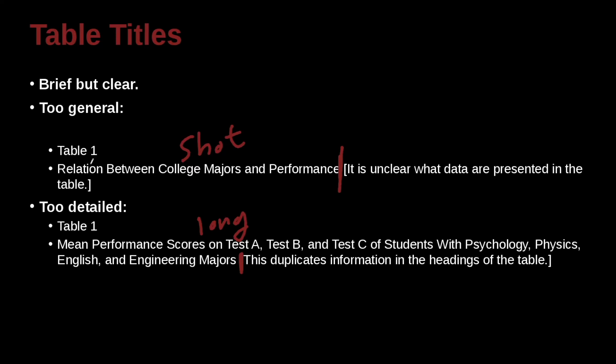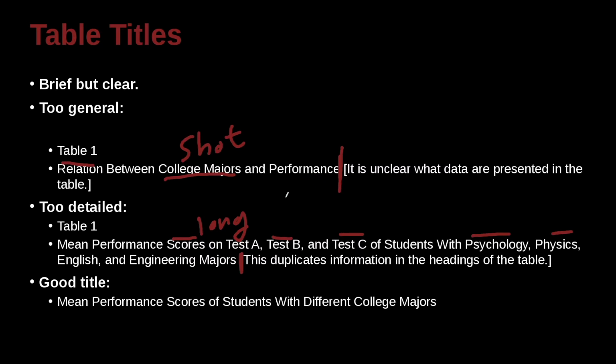The too short one is too general. It's just saying, well, I studied college majors, but this one here, it's got all the majors listed. That's too much. This one here talks about a relation, but this one down here actually tells you relation of scores between test A, test B, test C. So these are two extreme examples.